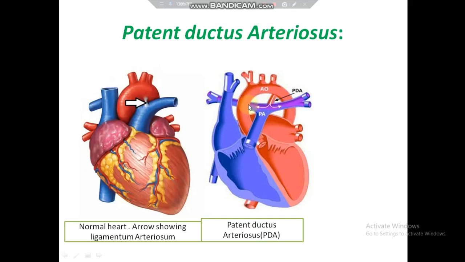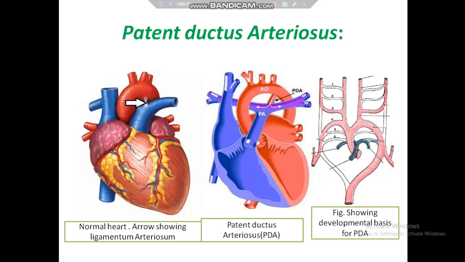But later on, when the pressure on the right side increases, there will be reversal of the shunt. So this patent ductus arteriosus is a result of the sixth aortic arch artery on the left side remaining.